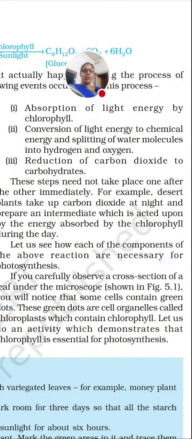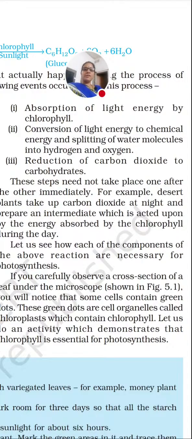They write carbon dioxide. Generally we think carbon dioxide is being converted into oxygen by the process of photosynthesis. But it is completely wrong. Source of oxygen is water. As water is being broken down, lysis of water is done to form hydrogen and oxygen. So we call it photolysis of water.